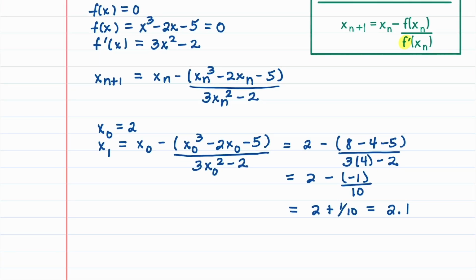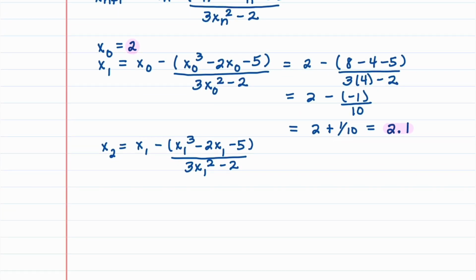Let's go ahead and highlight that, and then let's go back up and highlight our first approximation as well. Now let's go ahead and find x2. x2 is equal to x1 minus x1 cubed minus 2x1 minus 5, all divided by 3x1 squared minus 2.